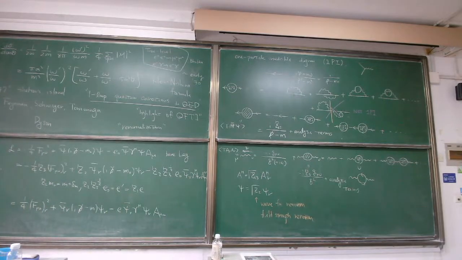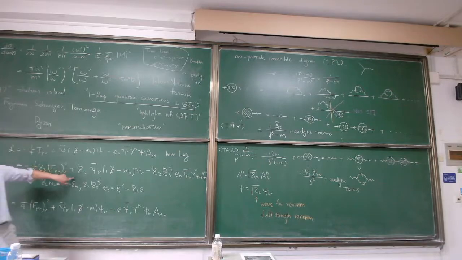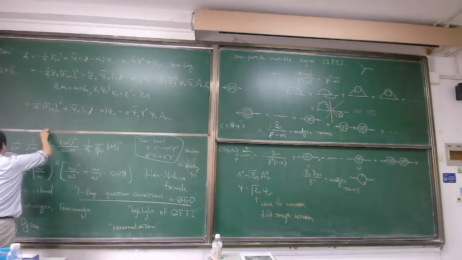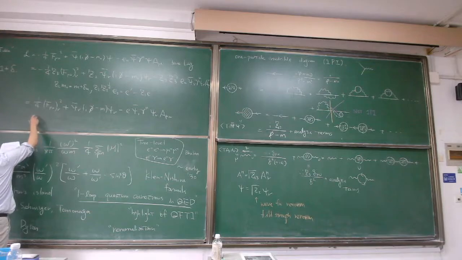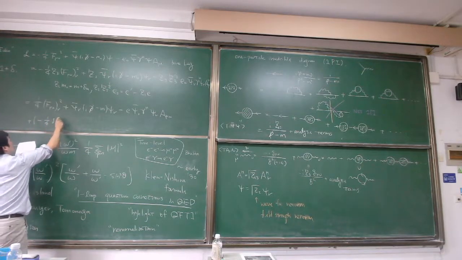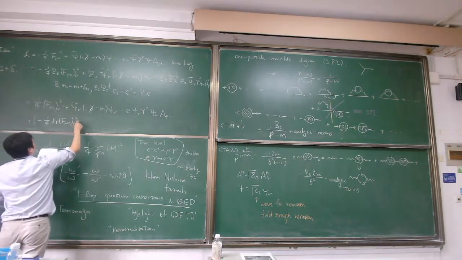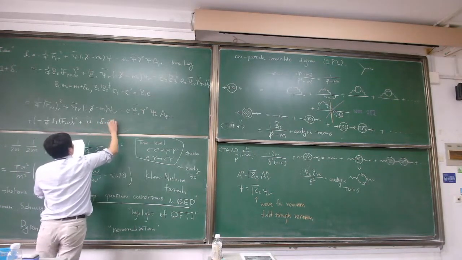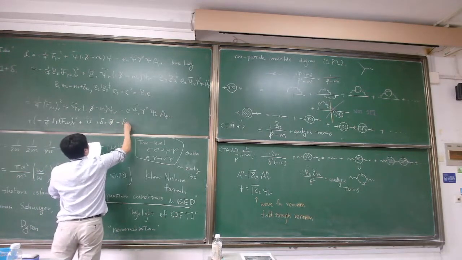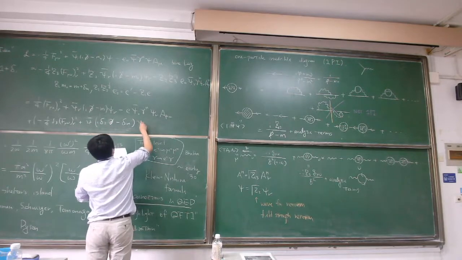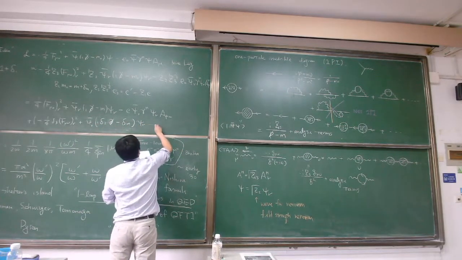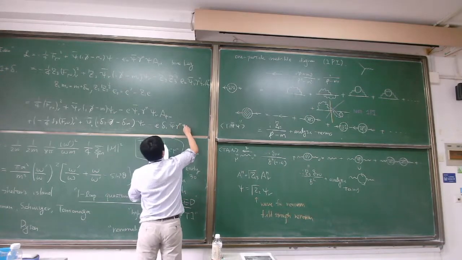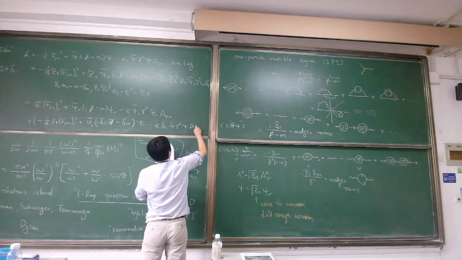I just pick only one part of Z, and the rest of the part is given by minus a quarter delta 3 F mu R square plus psi bar I times delta 2 partial slash minus delta M, psi bar R, and minus E times delta 1 psi bar gamma mu psi and mu.